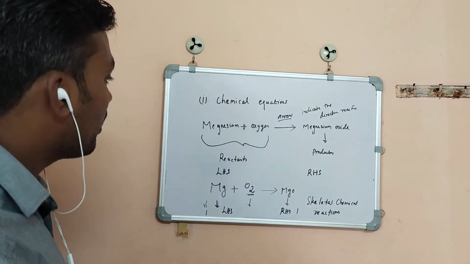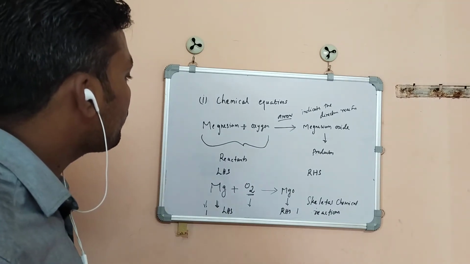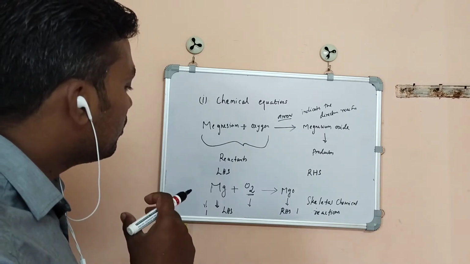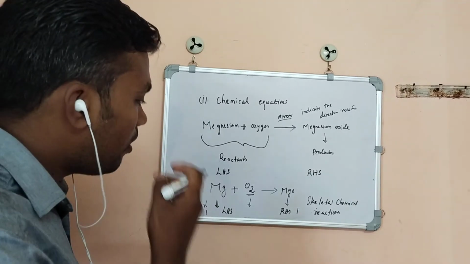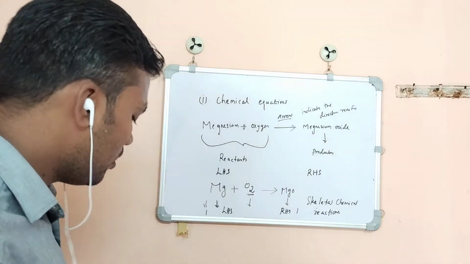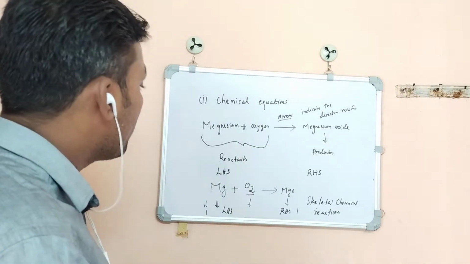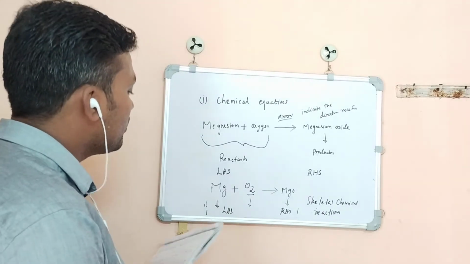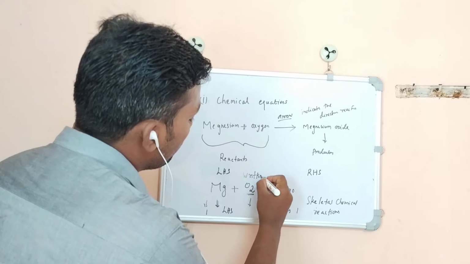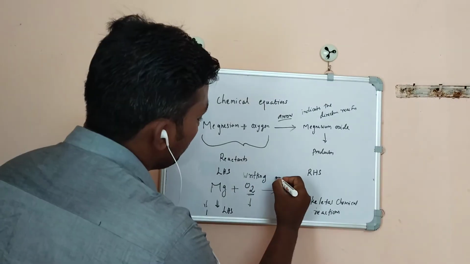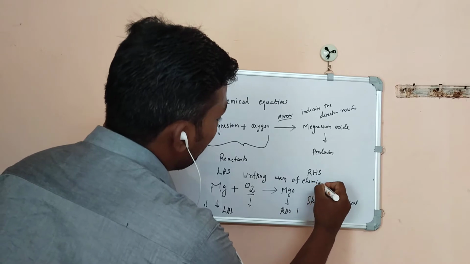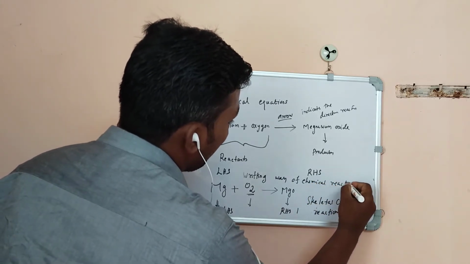Okay, let us try to solve these problems in the next balanced chemical equations. This is the way of writing a chemical reaction.